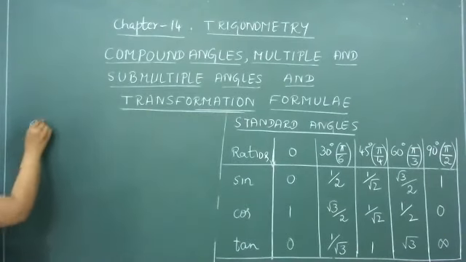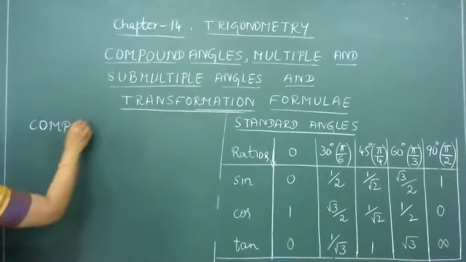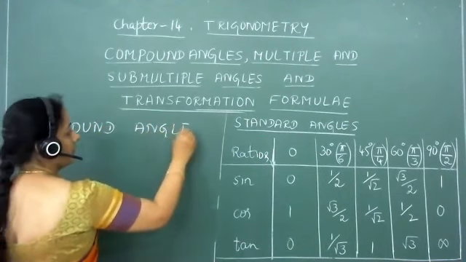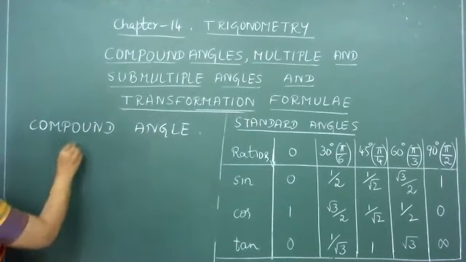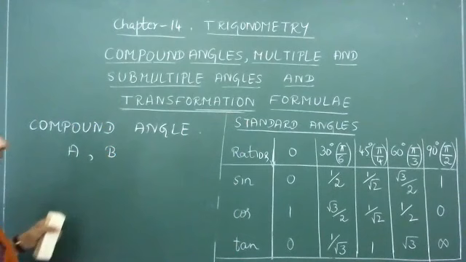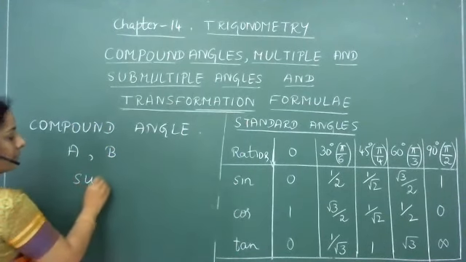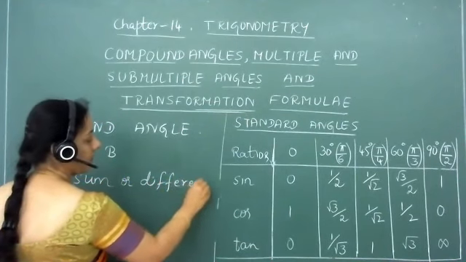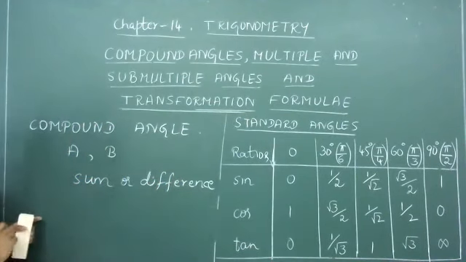We first define what is called a compound angle. For any two angles, say A and B, their sum or difference will be referred to as a compound angle.